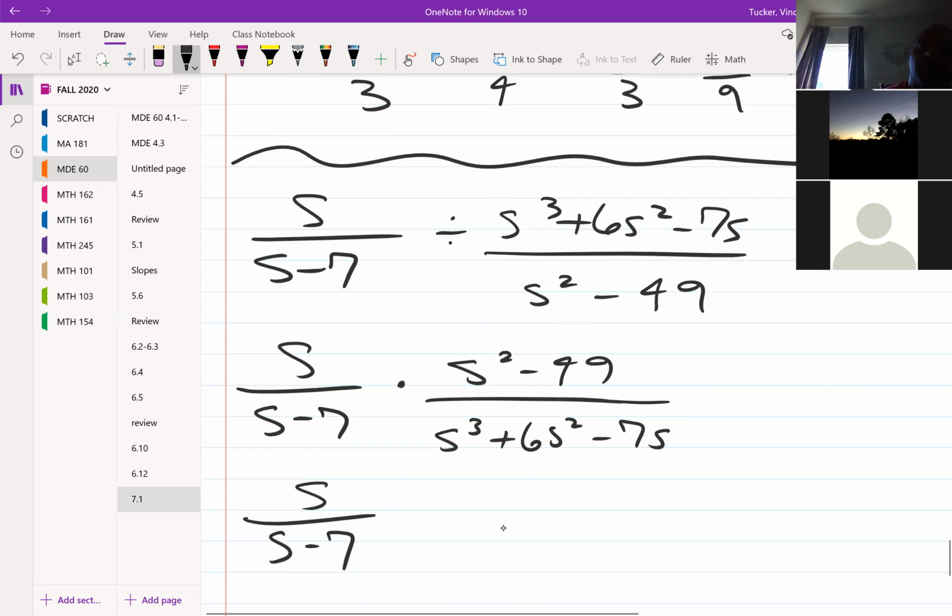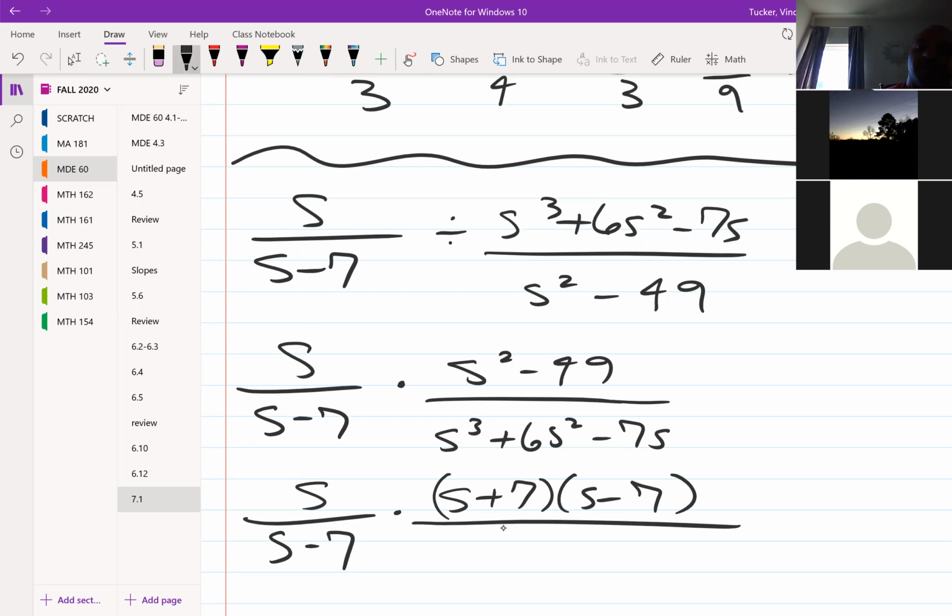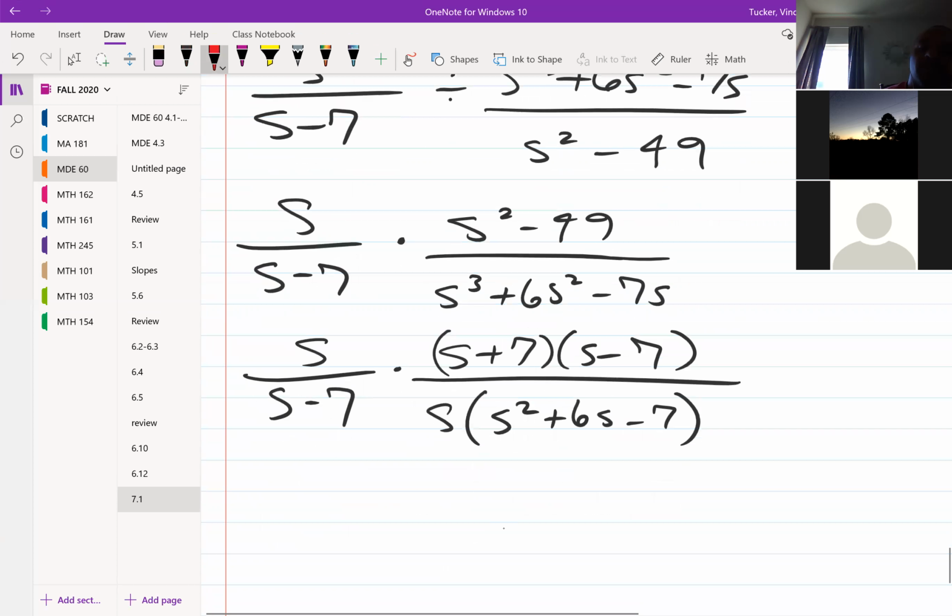Now, s squared minus 49 is the difference of squares. That's going to be s plus 7, s minus 7. Down bottom, we can factor out s. That's the greatest common factor. And then we can factor out this trinomial.